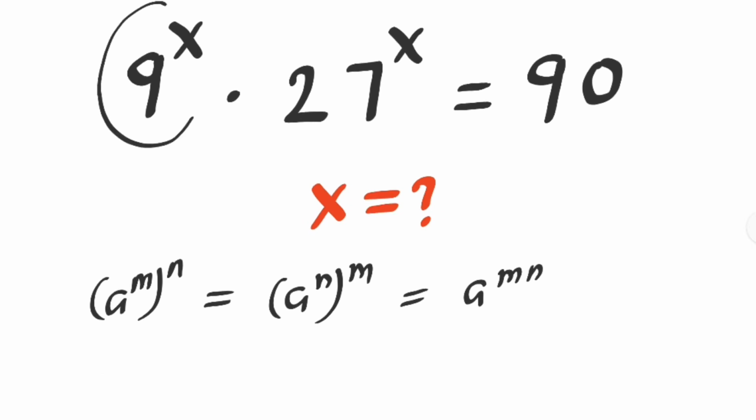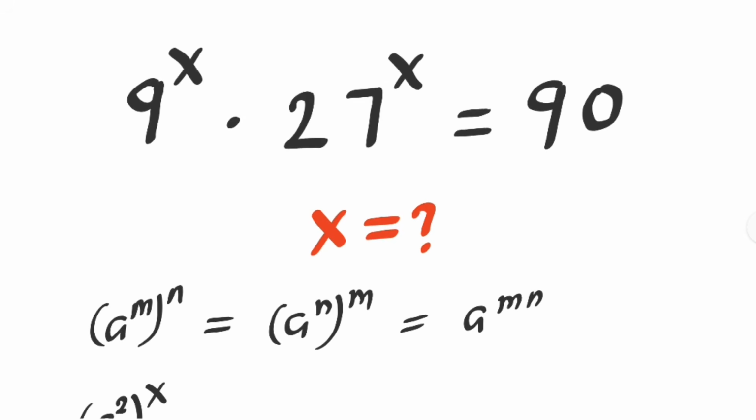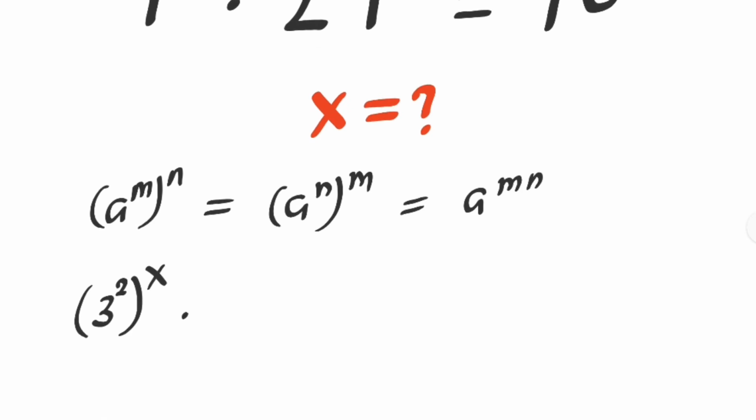Then here 9 raised to power x can be written as 3 squared to the power of x, multiplied by 27 raised to power x, which can be written as 3 raised to power 3 to the power of x, is equal to 90.